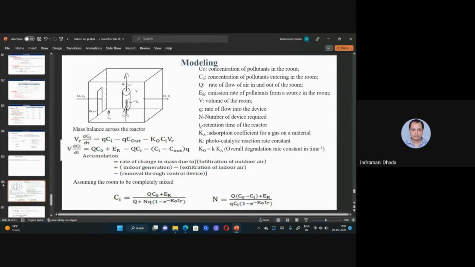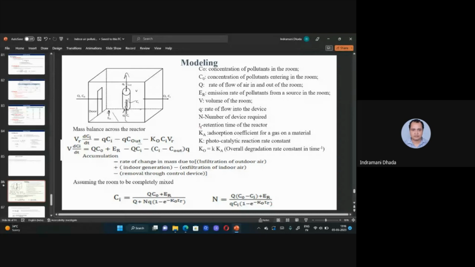In the atmosphere of this industry, the gases are at concentration C1, and this is forced to pass through this device, and at the outlet you get C out, the concentration out. Now you want to design so that C out is less than 40 ppm, and C in is 60 ppm. You should design C out for less than 40 ppm, like this.